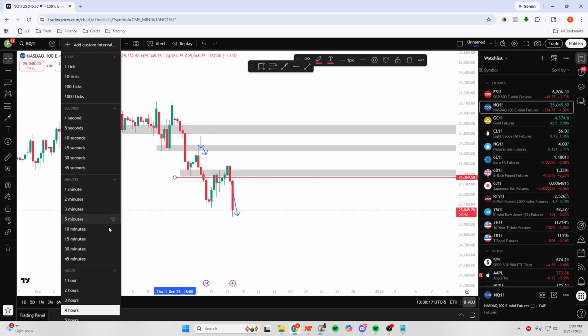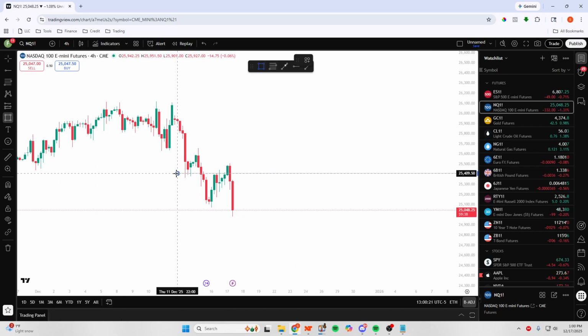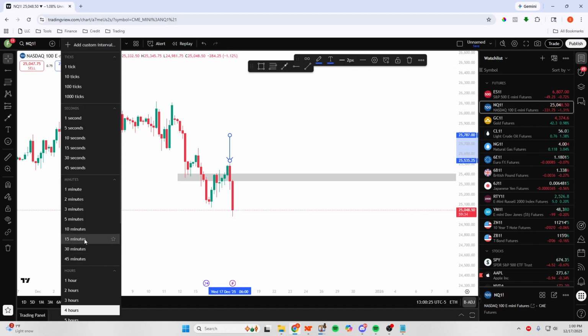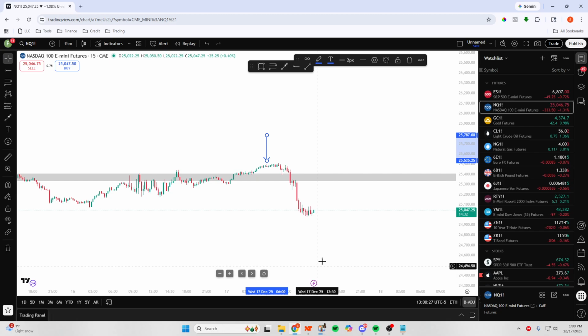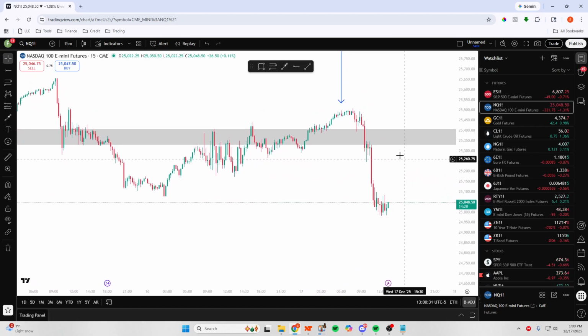So then what I'm doing is on the lower time frame, and we'll use today's chart as an example, right? For this right here, on the lower time frame, 15, 5 minute, 1 minute, etc., I just want to see bearish characteristics, and we can see here that we do put in a higher low, then we put a lower high in right here, and then we have a lower low.